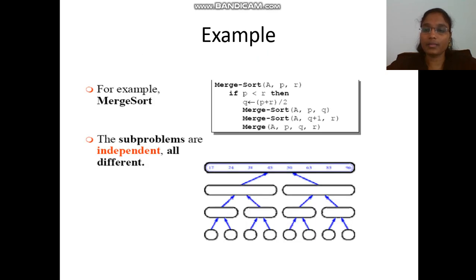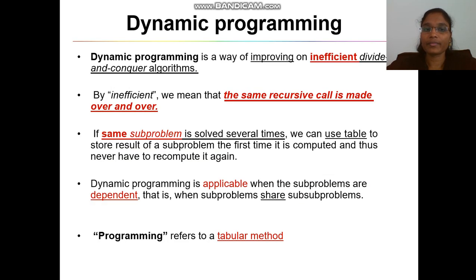If we take the example of merge sort, the given input is initially divided into two subproblems, then each subproblem is again divided into two, and it keeps going till it cannot be divided anymore, with only one element in the subproblem. Then these subproblems are recursively called, and the solutions are finally combined.